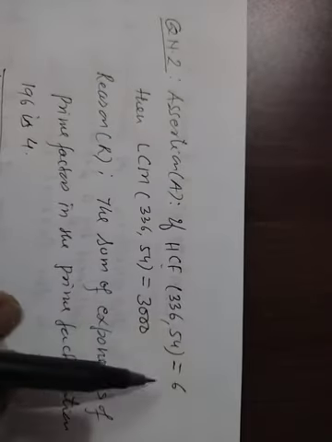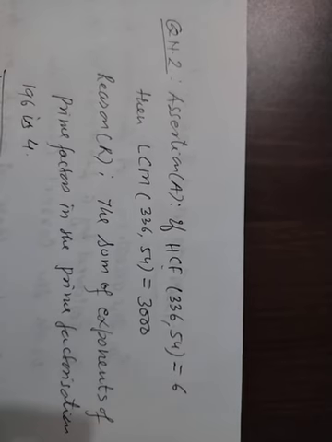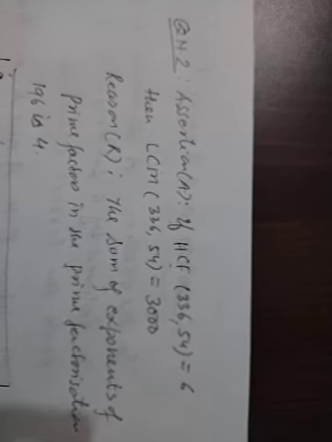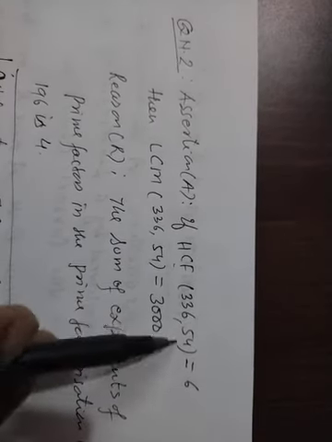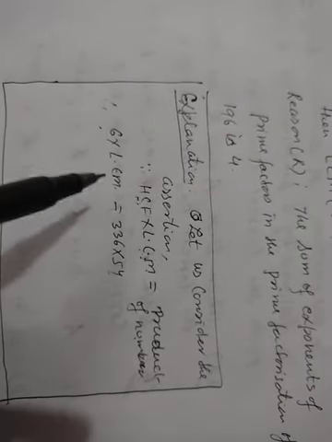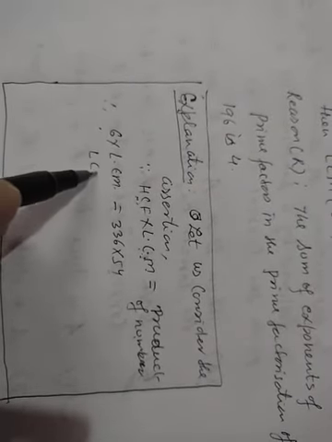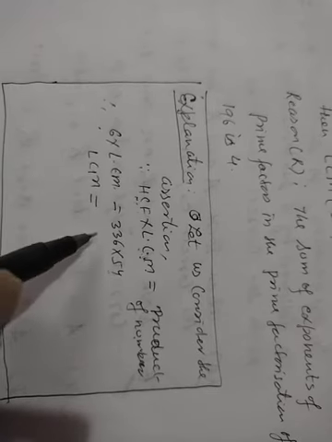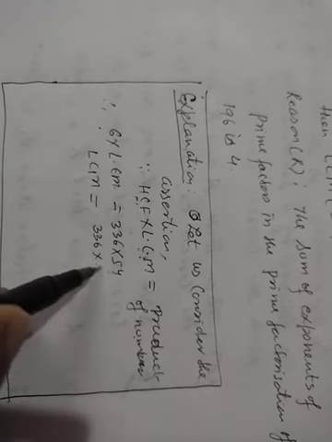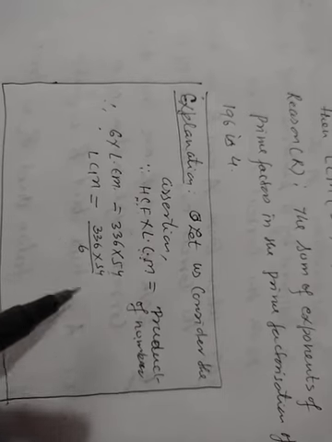It is given here. Okay. So 6 into LCM equal to the product of two numbers. Then you find LCM equal to 336 into 54 upon 6.